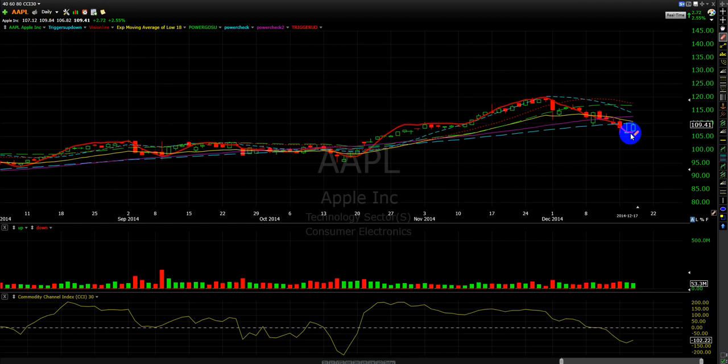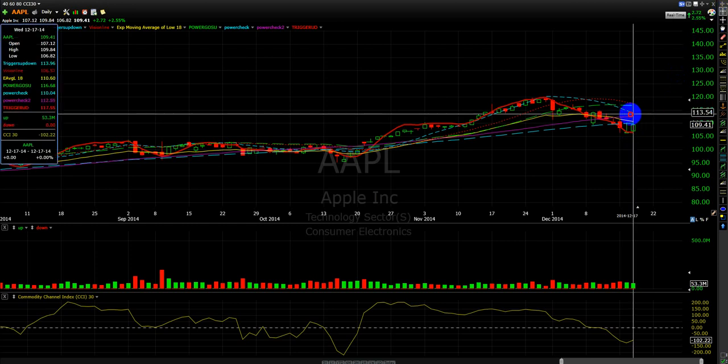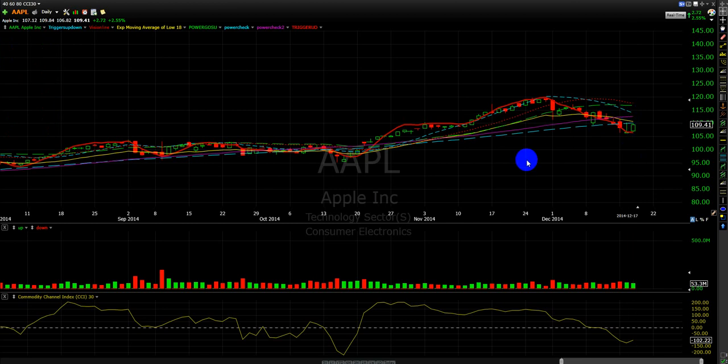At this moment, looking at all the time frames, I do believe, and this can change, that when Apple cracks through 117 to the 118 area on volume, that will confirm the pattern, and this stock will have a good chance of heading to 128 as one of the targets.